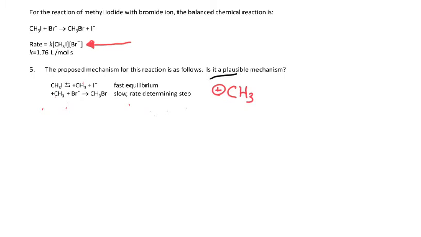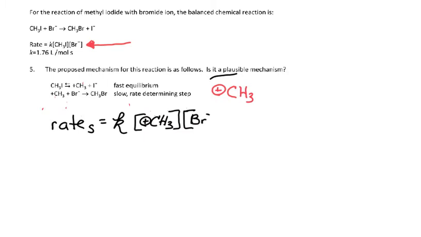So the rate law of the slow step is equal to the rate constant times the concentration of this weird CH3 plus cation times the concentration of the bromide. That CH3 positively charged cation is an intermediate and it cannot appear in the rate law. So we've got to do more work. We've got to get rid of that CH3 plus.